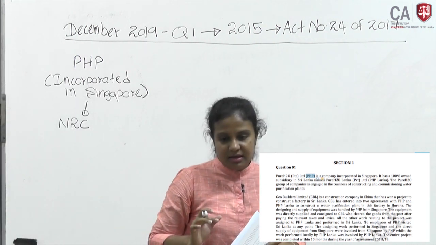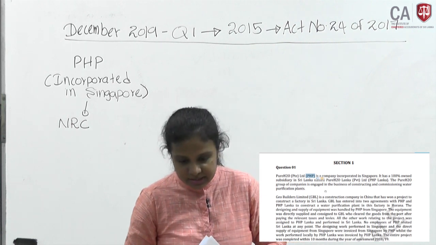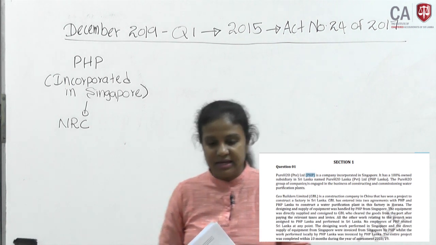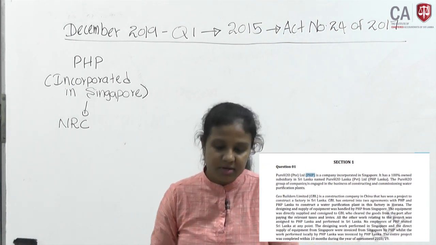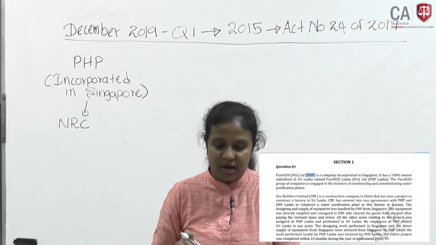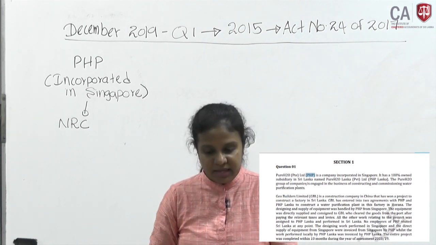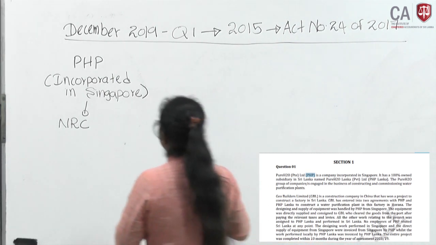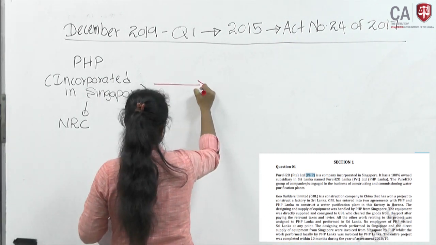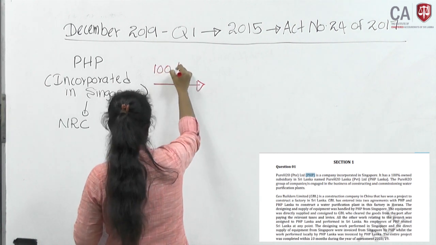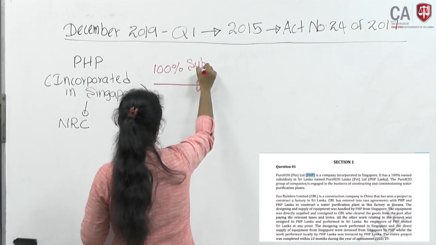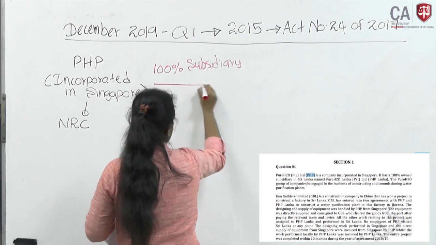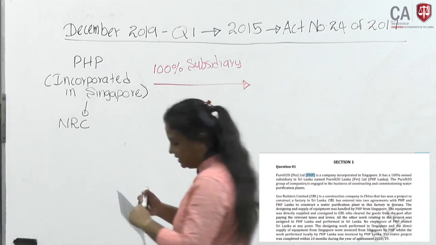Then the company incorporated in Singapore has a 100% owned subsidiary in Sri Lanka named POH20 Lanka Private Limited, PHP Lanka. What is that name?